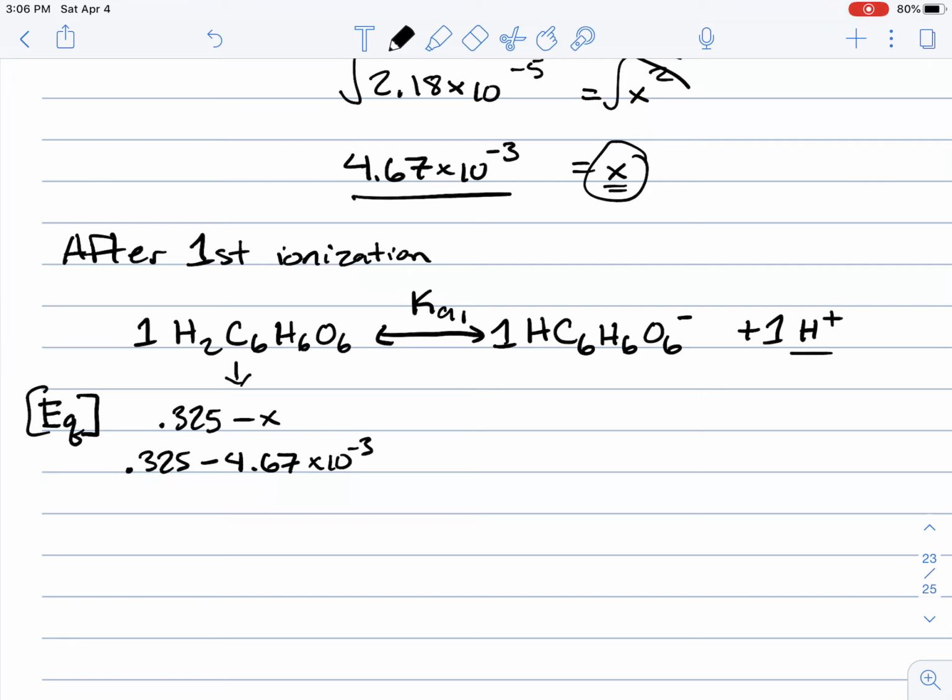That value is going to be 0.320 molar. Okay, and so this is the equilibrium concentration of ascorbic acid. Let me just move this over.